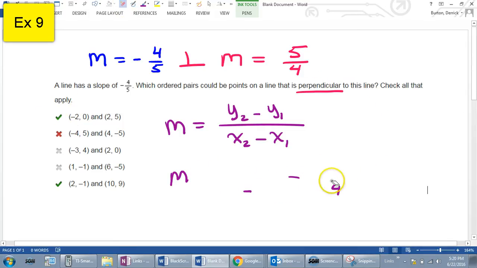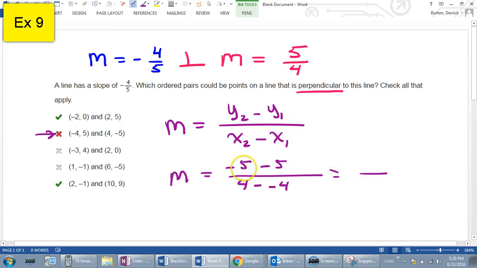And we just do that repeatedly. Looking at the next one, we'll just do this one more, because you got the rest of them right. Again, y minus y: -5 minus 5, and I'm going to do 4 minus -4, double negative. -5 minus 5 is -10.